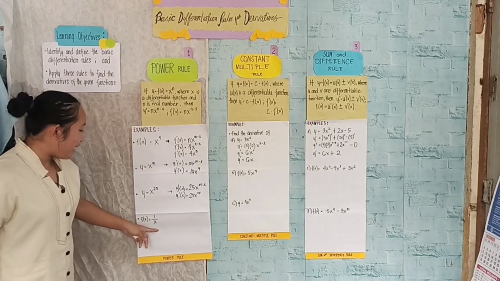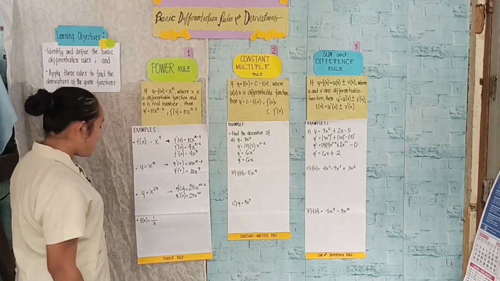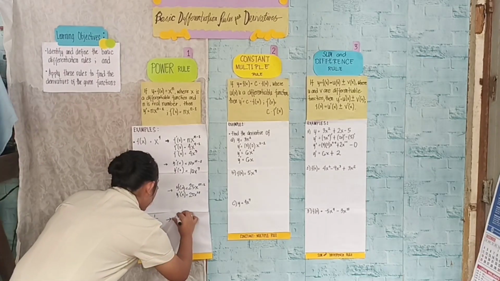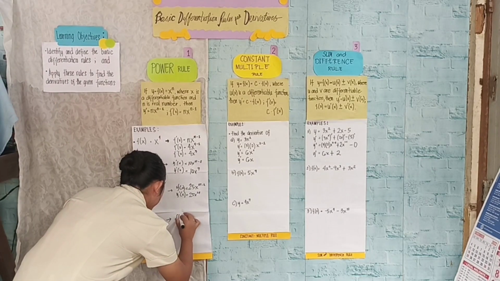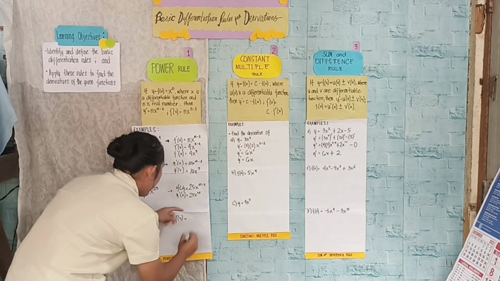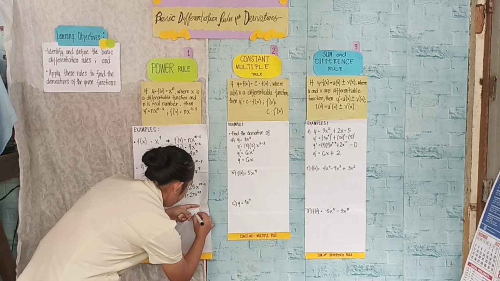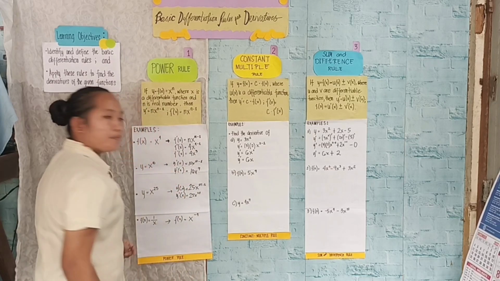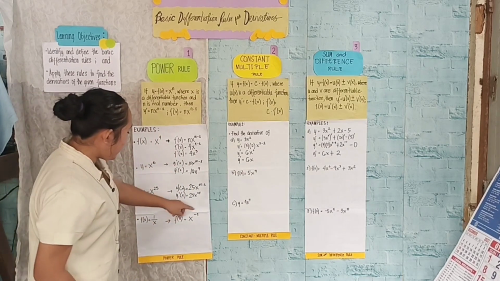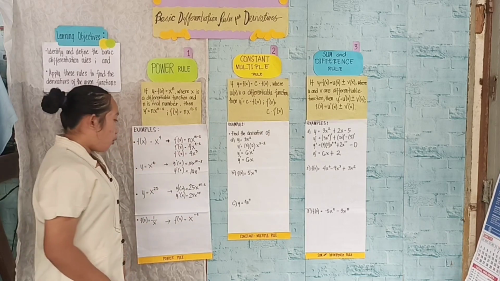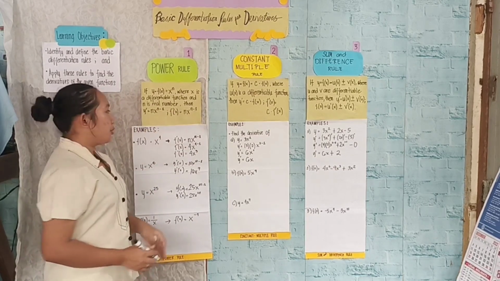And for our last example, we have here a radical expression. We need to make it f of x is equal to x raised to negative 1. Then, since it has the same form as the other examples, we can now apply our power rule.